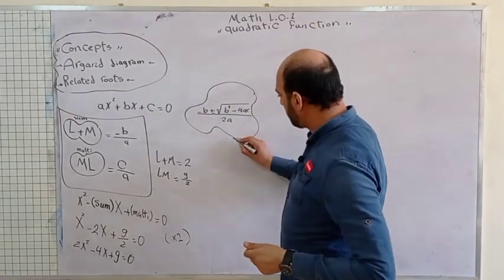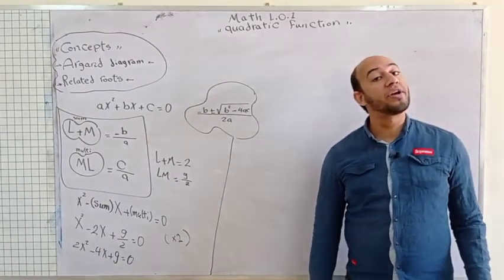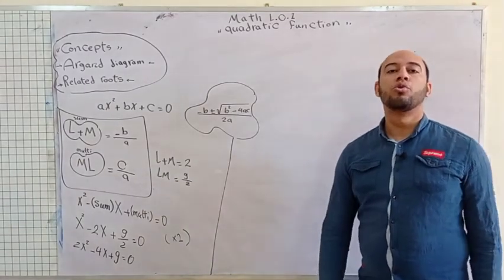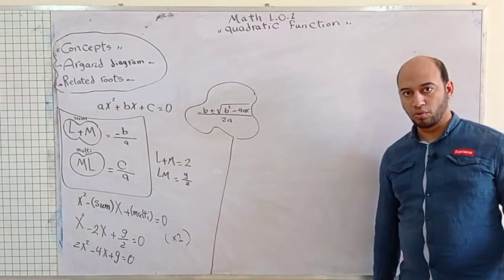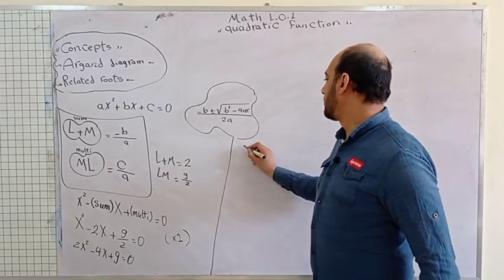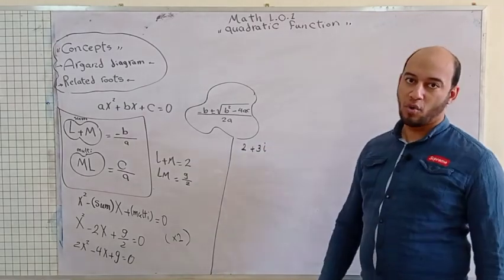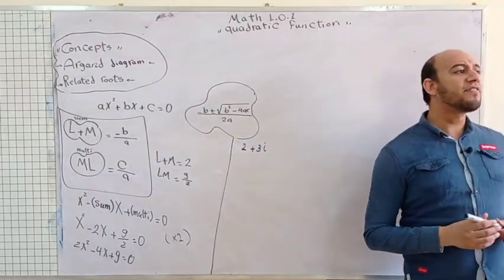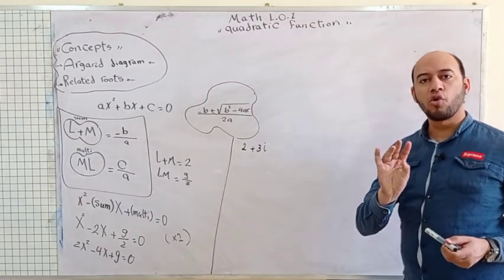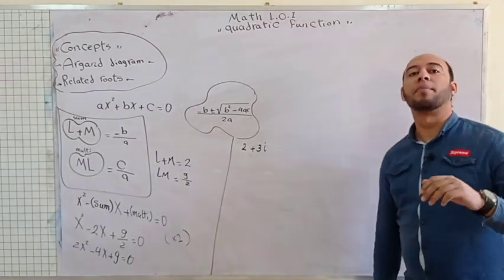If you know that there is an equation, and this equation has two complex roots, one of them equal to 2 plus 3i, and I give you an important piece of information: the coefficients of this quadratic equation are real numbers.